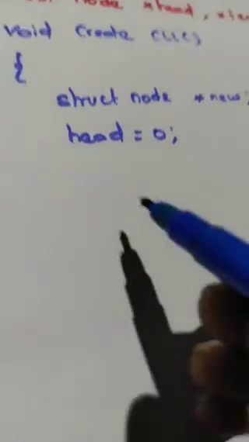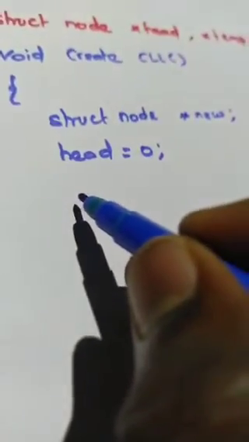After that, next I have to create a memory location for this new node. So what is the function I have to use? I am going to use malloc for this pointer address.